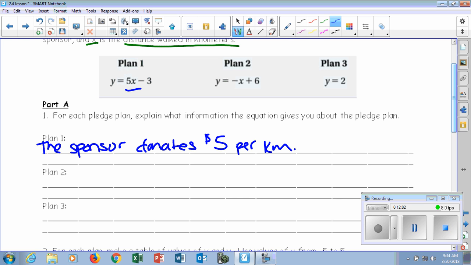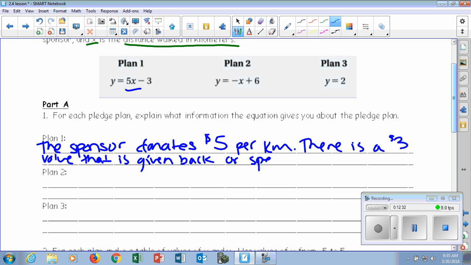And then we also know there is a $3 value that is given back because it says minus 3. So we're giving that back to them. We're subtracting it out of what our total is going to be. So there is a $3 value that is given back, or they possibly spent it on the t-shirts that they bought.